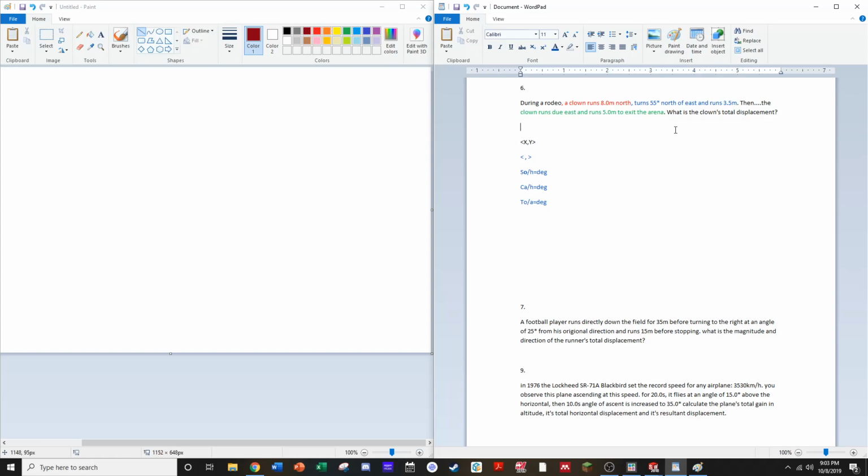So anyway, here's the question, and I summarized it a little bit. During a rodeo, a clown runs 8.0 meters north, turns 55 degrees north of east, runs 3.5 meters. Then the clown runs due east and runs 5.0 meters to exit the arena.